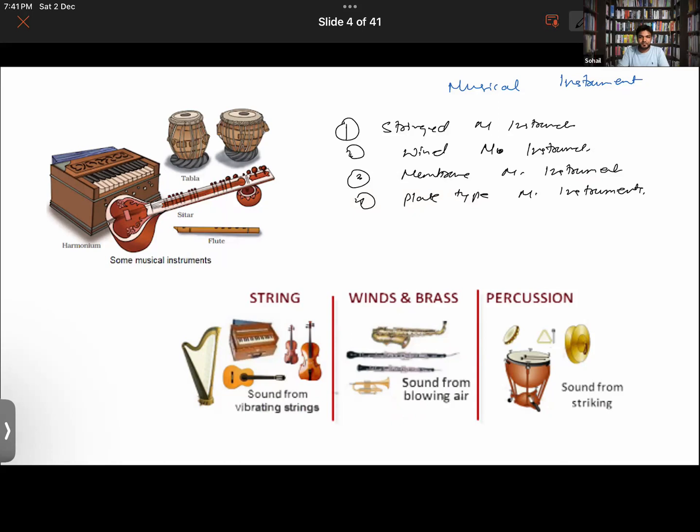So look here. The different types of musical instruments we have basically create a melodious sound, right?